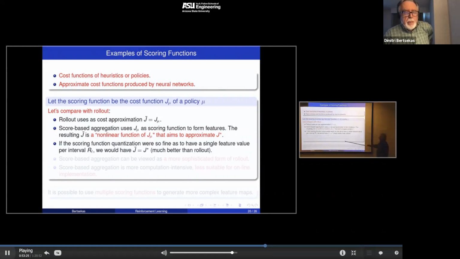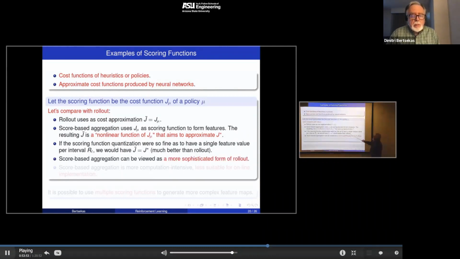In fact, if the scoring function quantization were so fine as to have a single feature value per interval, then I would have J tilde exactly equal to J star. If I discretize my feature range finely enough, then I will get J star, not an improvement to J mu like rollout. I will get J star, which is much better.